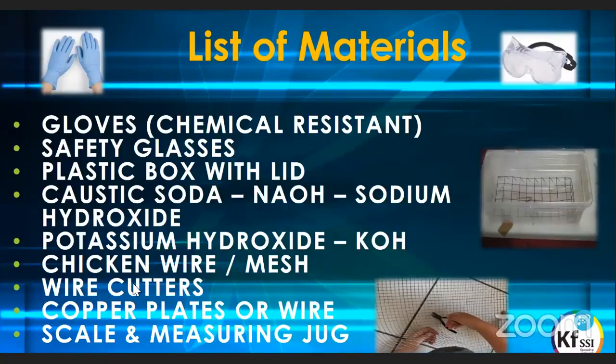Safety glasses, a plastic box with a lid, and then you will need your caustic soda or sodium hydroxide, and then potassium hydroxide, chicken wire mesh, wire cutters, your copper plates or wire, or any other copper device you want to nanocoat, a scale to measure how much caustic soda you're going to be using, and a measuring jug for your water. So these are the things that one has to put together first.